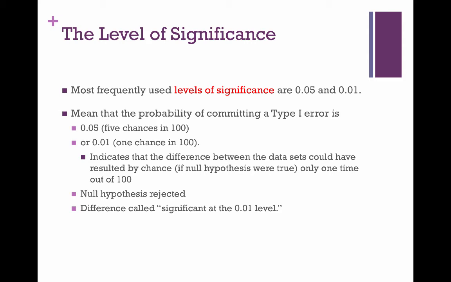It indicates that the difference between the data sets could have resulted by chance if the null hypothesis were true, only 1 out of 100 times. So the null hypothesis is rejected, your hypothesis is accepted, and the difference is called the significance level. So 1 out of 100 chance that your result occurred by chance.